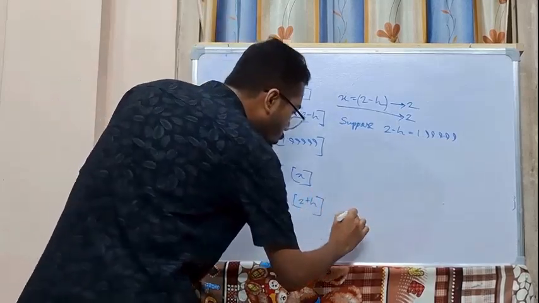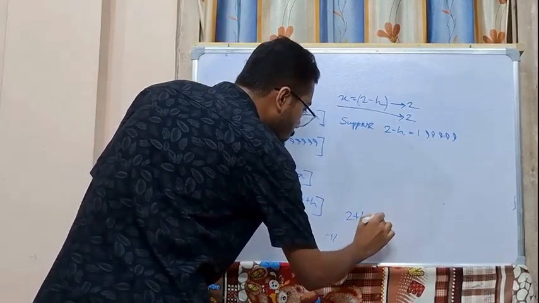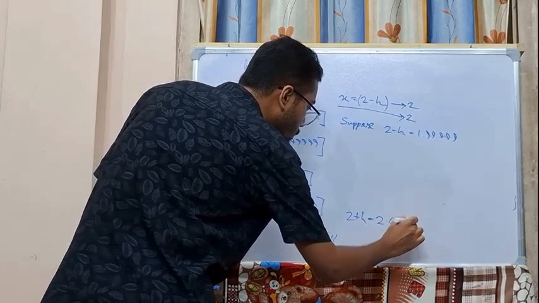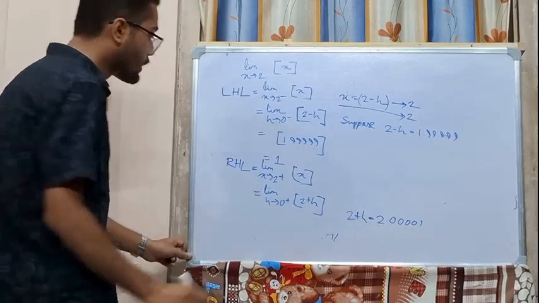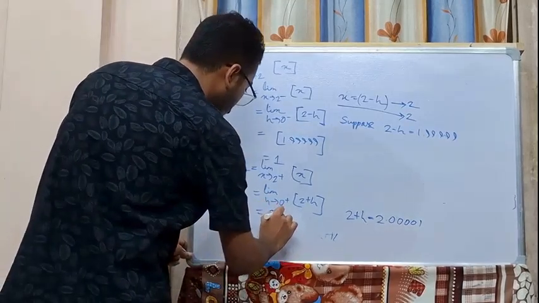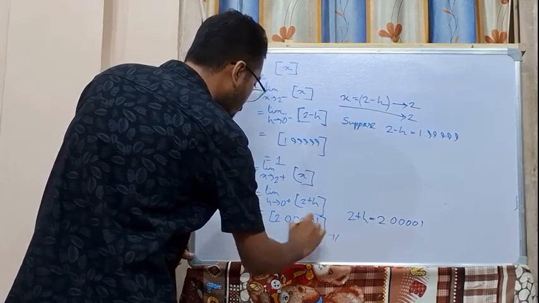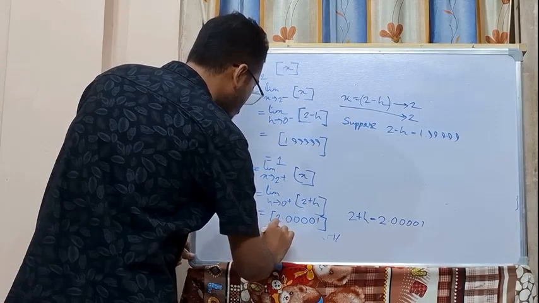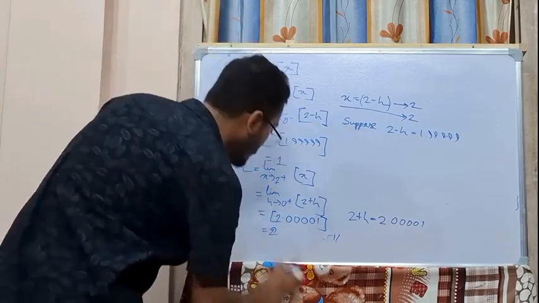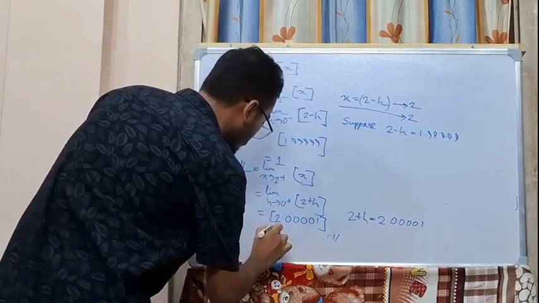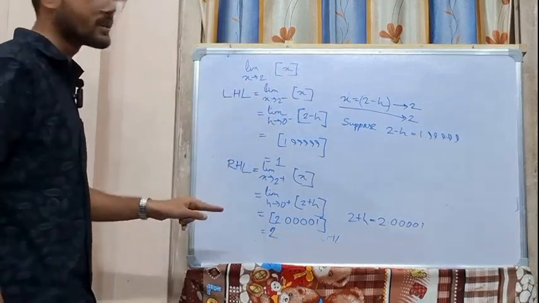Let 2 plus h be 2.00001. Then the greatest integer function of 2.00001 will be 2. Why? The nearmost lower integer.